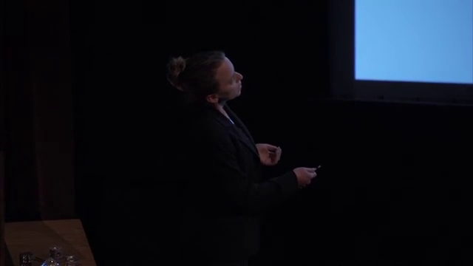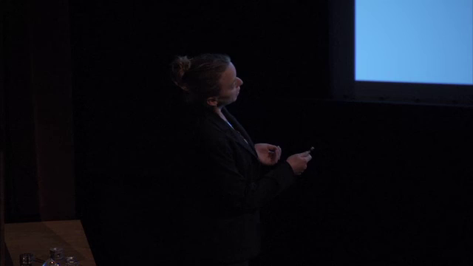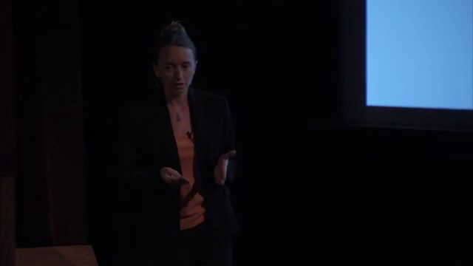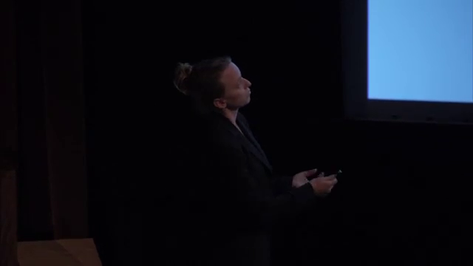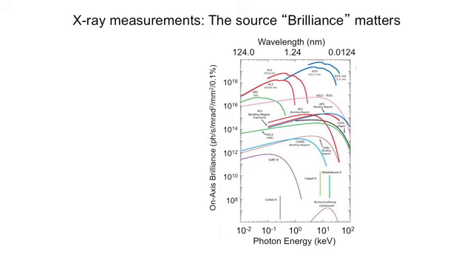But in order to get about 10 magnitudes higher in brilliance, which is the amount of photons per area per time per solid angle, so this tells me how many photons I can blast at my sample and how well I can focus that. This is all very important for generating very high pressures in the cell and making a measurement that I can observe. And these curves up here characterize X radiation that's produced by synchrotrons.